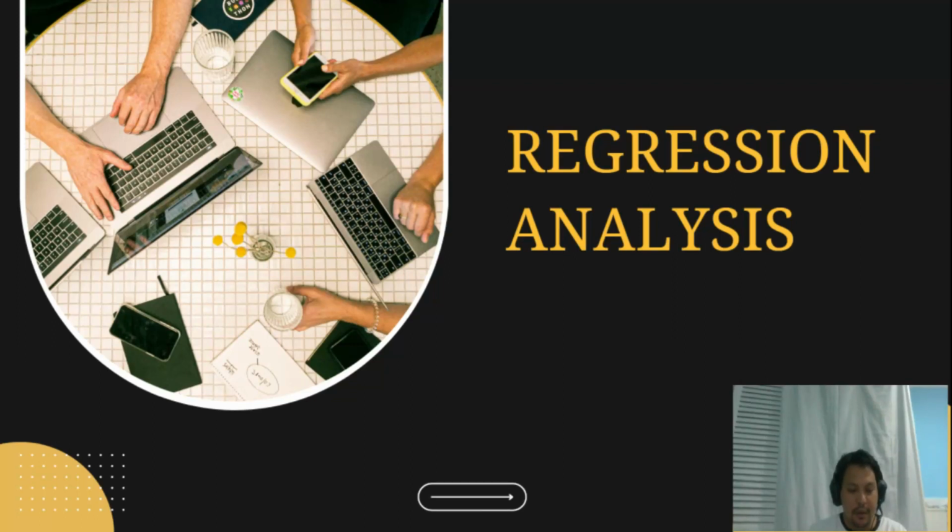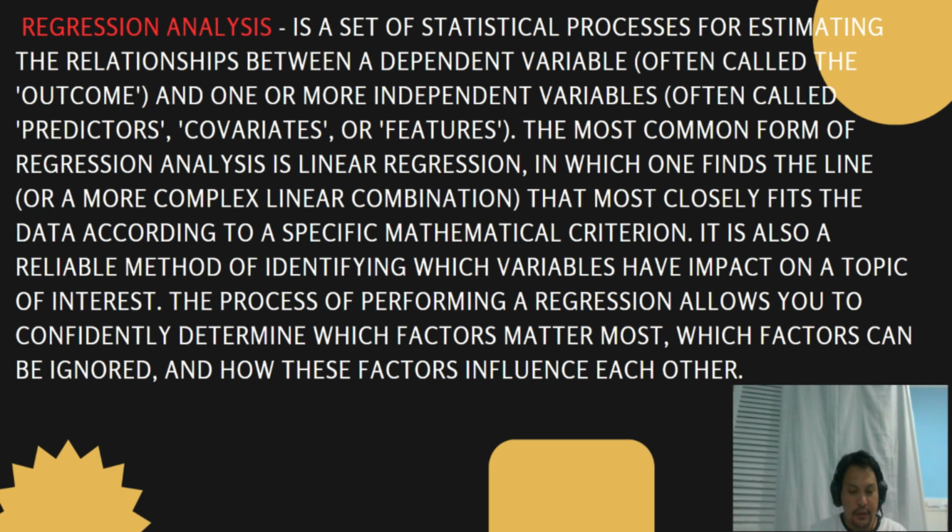My last topic is about regression analysis in chapter 15. Regression analysis is a set of statistical processes for estimating the relationship between a dependent variable, often called the outcome, and one or more independent variables, often called predictors or features.